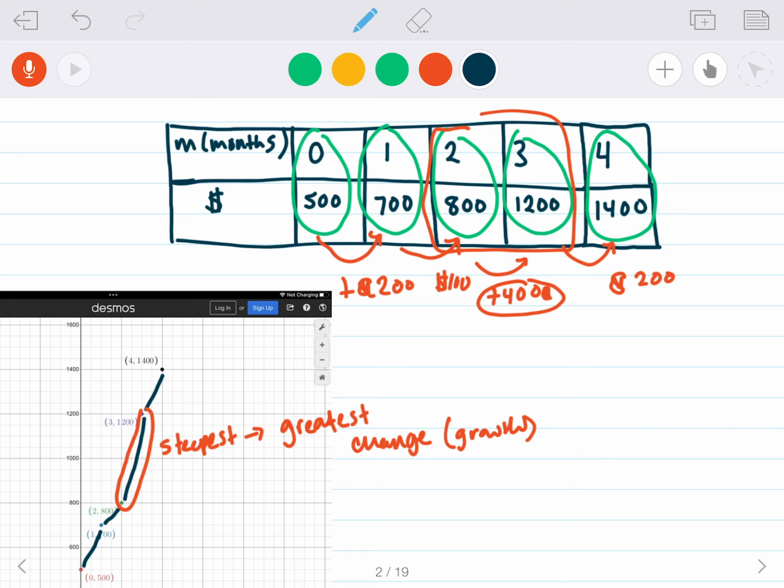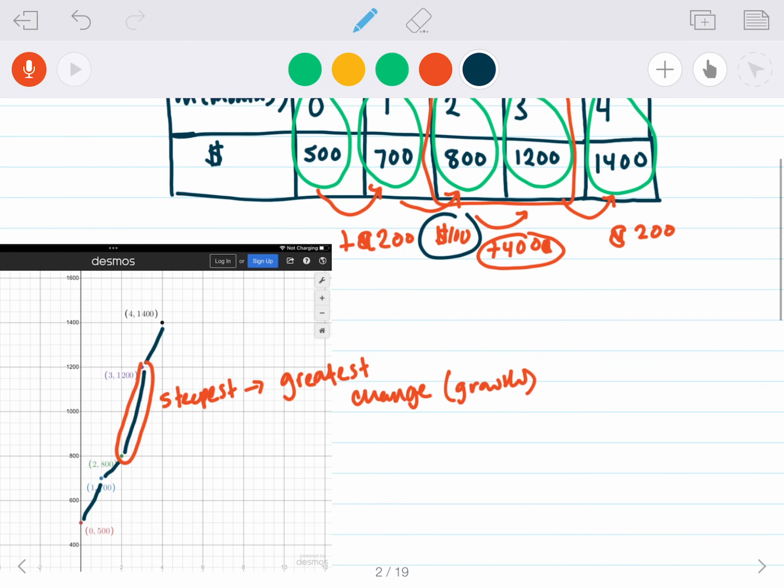Now, which one is going to be the flattest? The flattest line is going to be the smallest increase, which is between month 1 and month 2. We can see that right here on our little graph. This has the flattest line segment, and this is going to correspond to the smallest change, only $100.